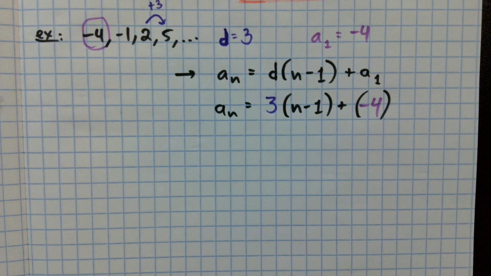See if you can take a couple steps and simplify that equation as much as possible. See what you can come up with. It should end up in the form y is equal to mx plus b. But instead of x, it's an n. And instead of y, it's an a sub n. A sub n is equal to... Good.